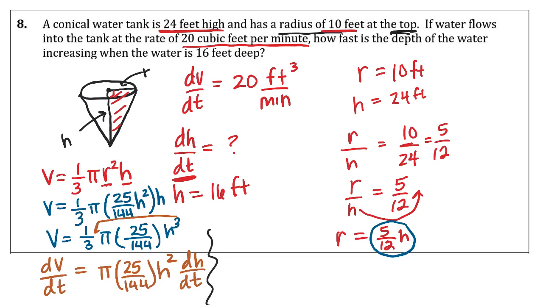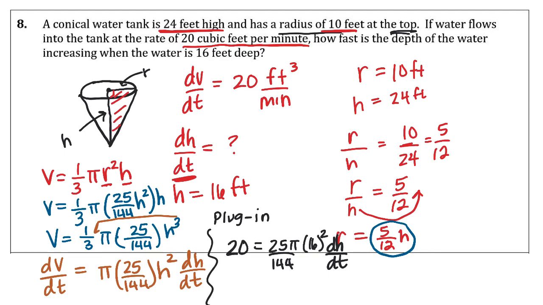So here we're going to plug in. So dV/dt we saw was 20 equals, and we've got pi. Let's go ahead and just say that's 25 pi over 144, and then h squared is going to be 16 squared, and then dh/dt.